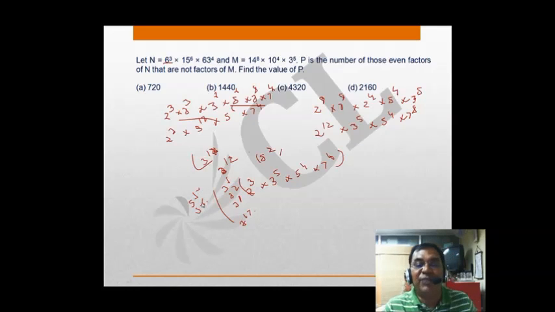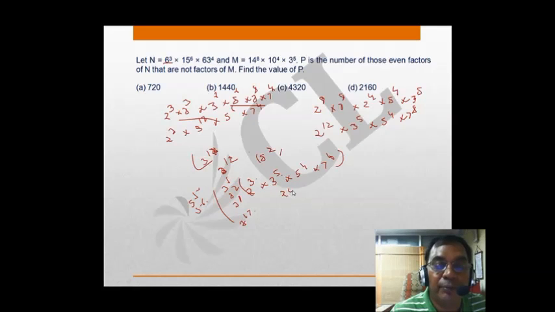But there will be something common. But because the answers are very much far apart, I'll just check. 4 into 6, 24. And 5 into 5, that is 25. So that makes us around 600, and there will be cases of 3 after 5, so 12 to 14.